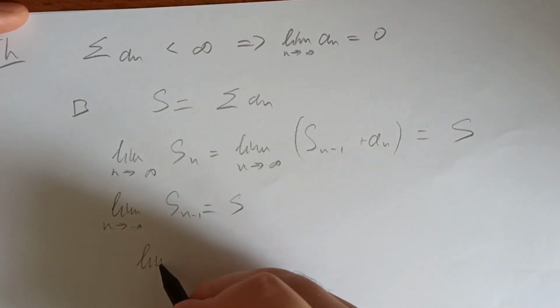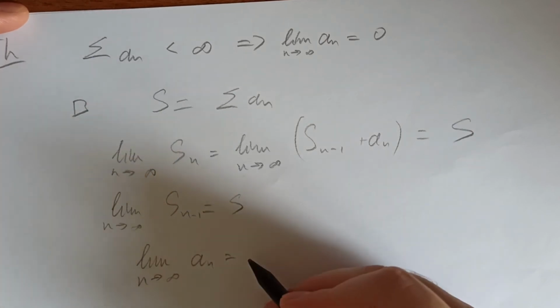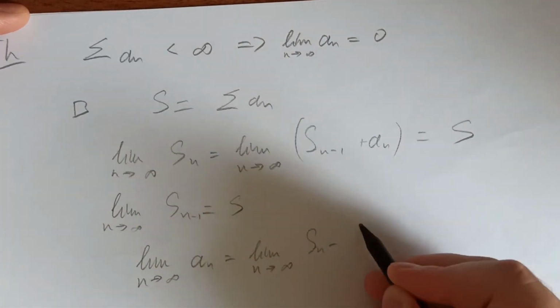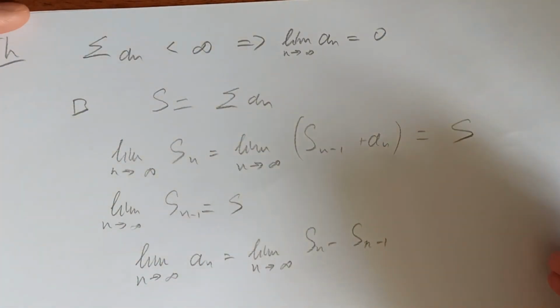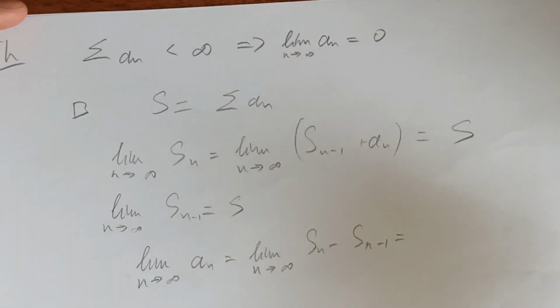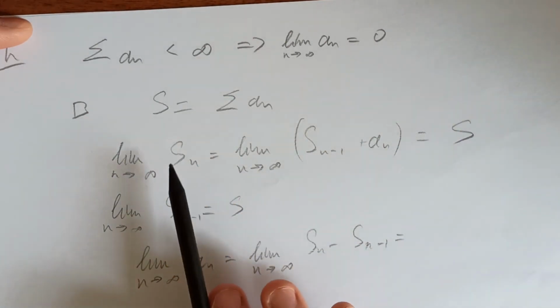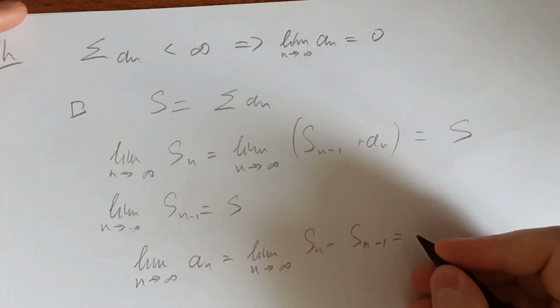So the limit of an will be the limit of Sn minus Sn minus 1, but we have this number finite, so Sn tends to S and Sn minus 1 tends to S also.